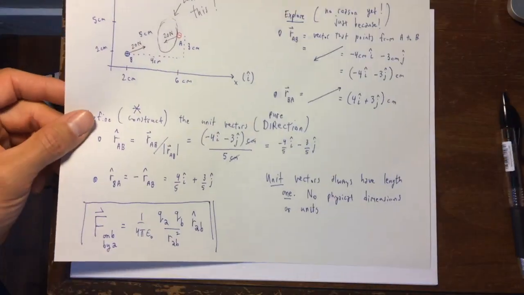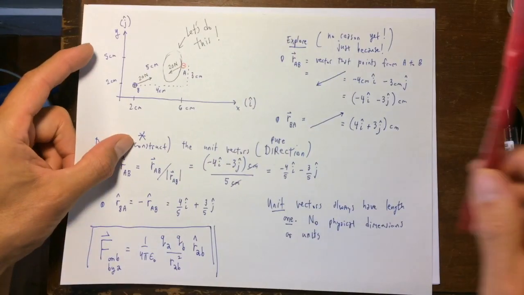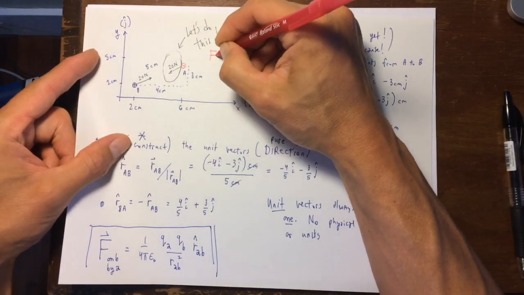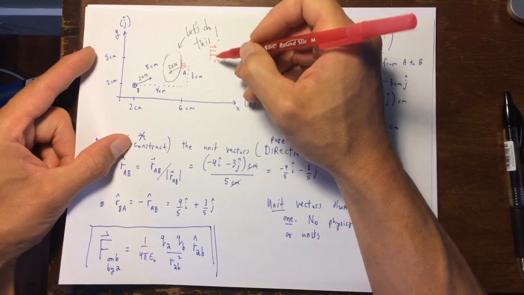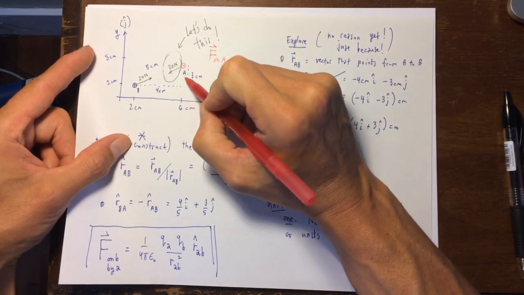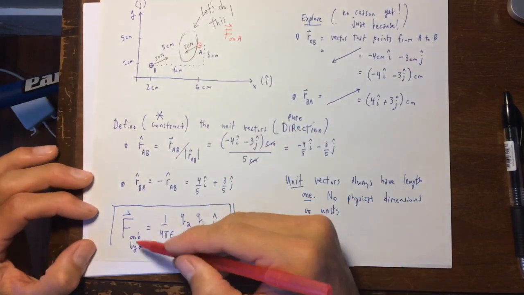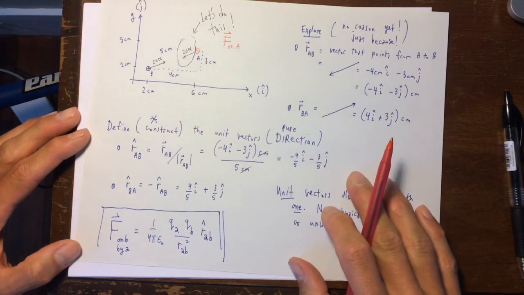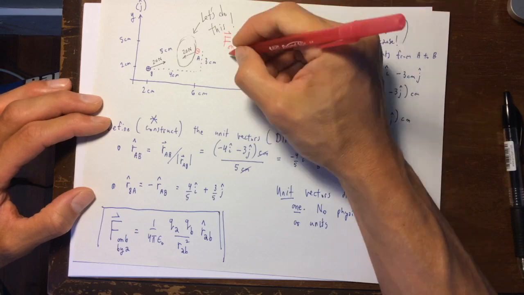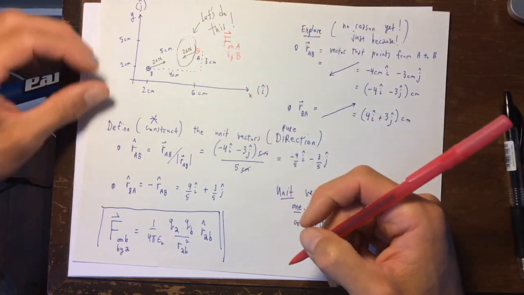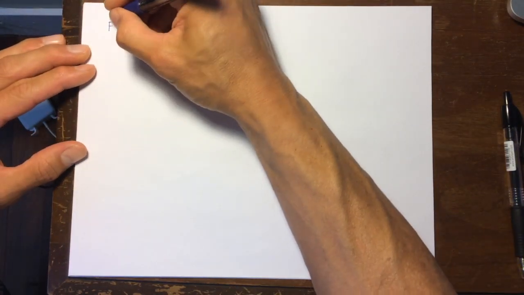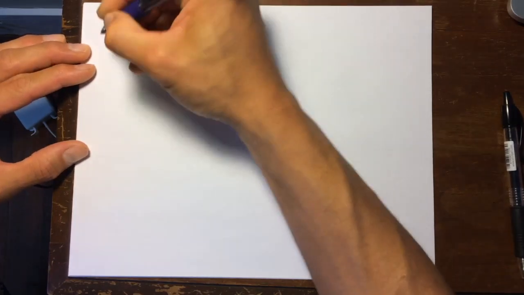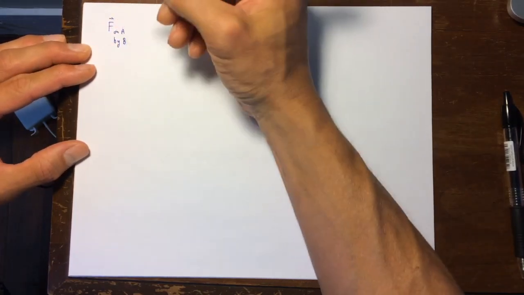What we want is the force vector on charge A. This is the force that acts upon A, backwards to what I just said down here. Anyways, this is the force on A by B. So we want to calculate the force on charge A by charge B.